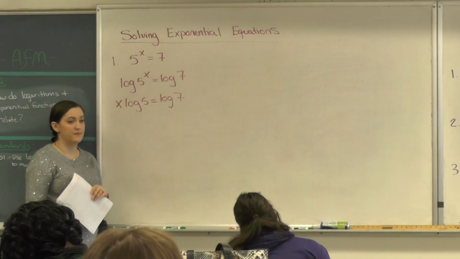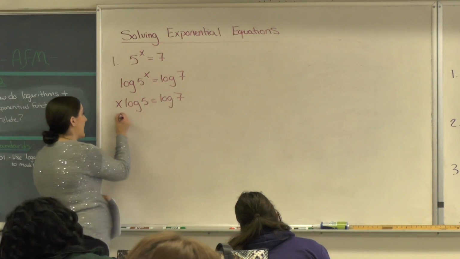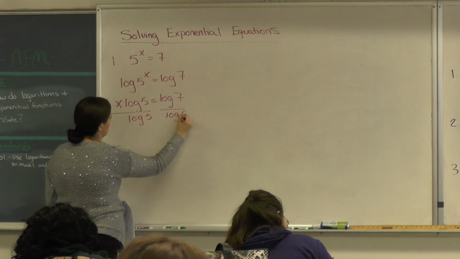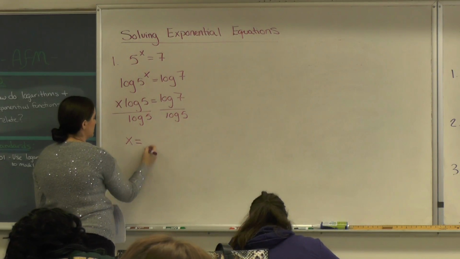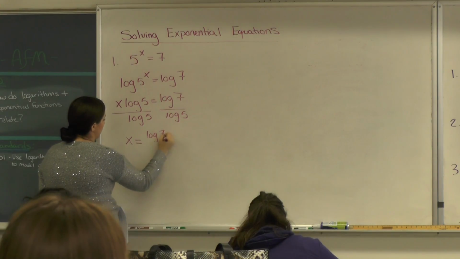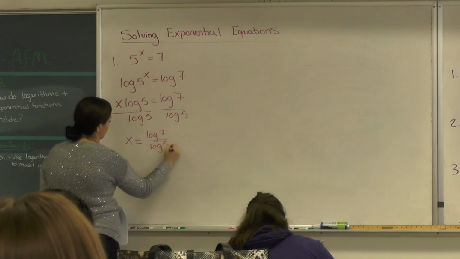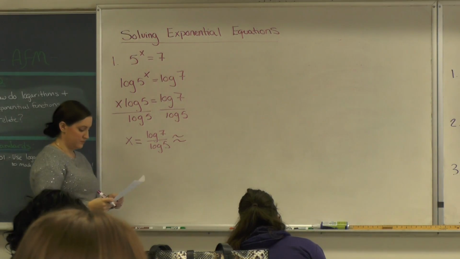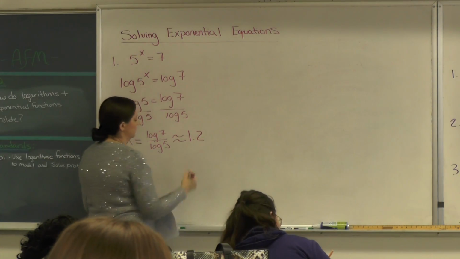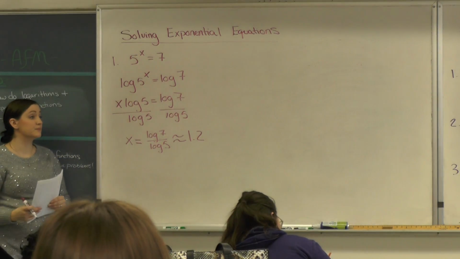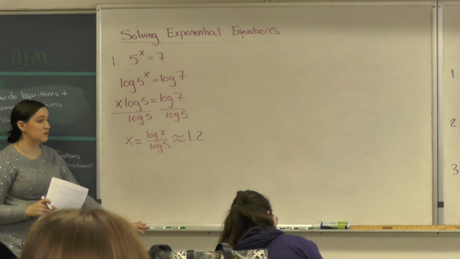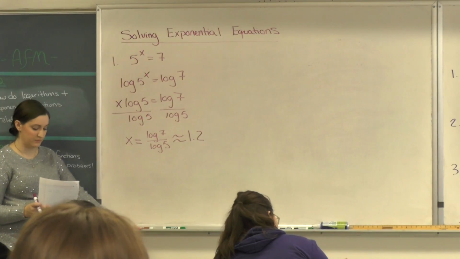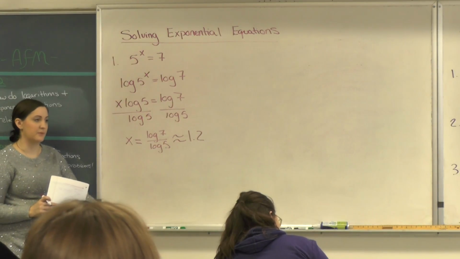My last step, solve for your variable. We're going to divide by log 5. So x equals log 7 divided by log 5, and that is approximately 1.2. Most of these equations with different bases end up as decimals. About 90% of the time they will be decimal.